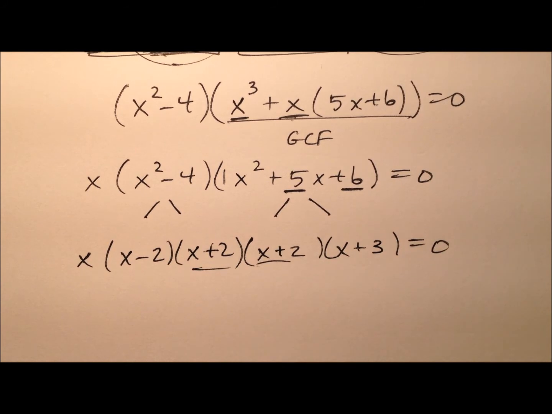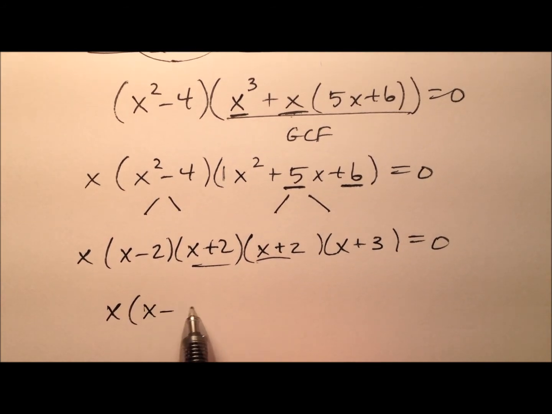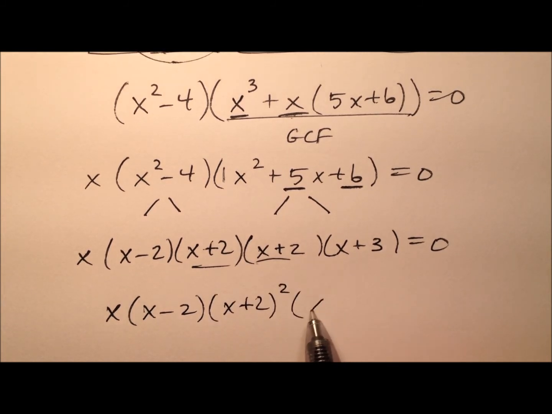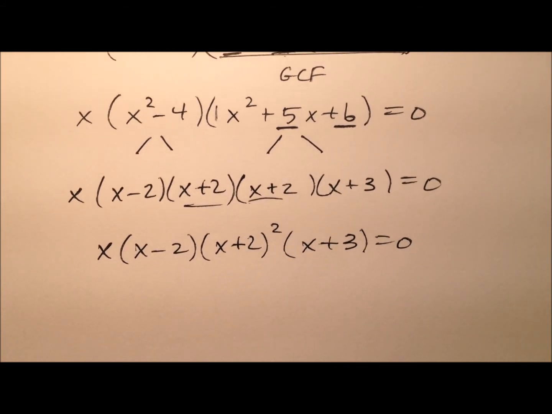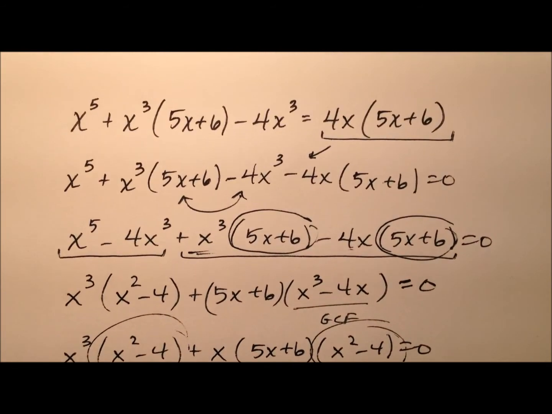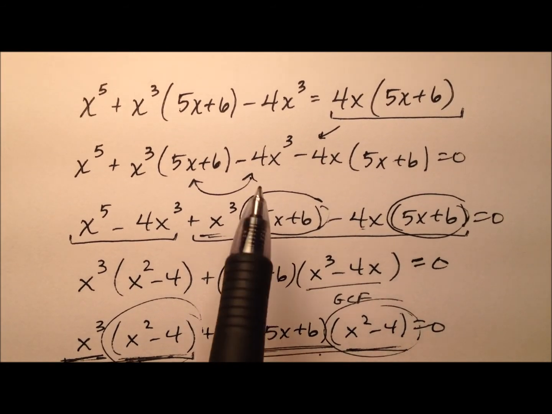And you'll notice, of course, I got a couple factors that are the same. So let's rewrite this whole thing now. And we have the x plus 2 factor squared. So it looks like this. This is my complete factorization. So let's scroll through and see where we got and how we went about doing it.